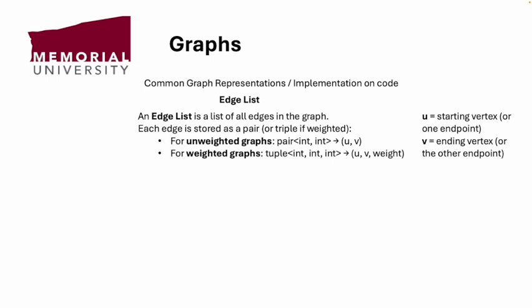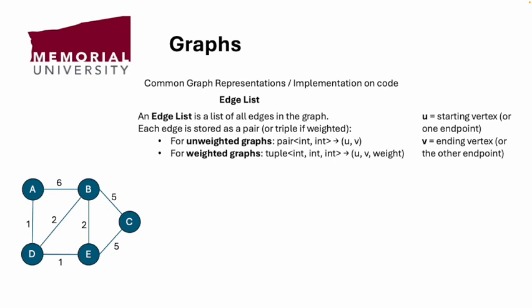So this sounds a little bit chaotic, right? If we have a big graph, you don't know what's going on, right? Okay, same example. If we're using the edge list, what do we define here? Start vertex A and vertex B, for example this one, and define the weight 6, right? And then A and D equal to 1, B, A, 6, B, D equal to 2, right?